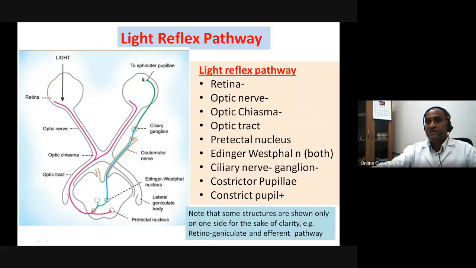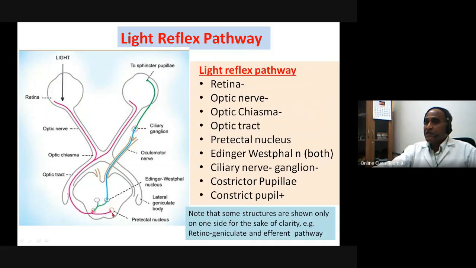So that means the light is shown here, and when a light is shown, it is carried through the optic nerve, and it reaches the pretectal nucleus in the midbrain. Of course the optic nerve carries information for vision that is relayed in the lateral geniculate body and released further, but we are not following that because the collaterals reach the pretectal nucleus.